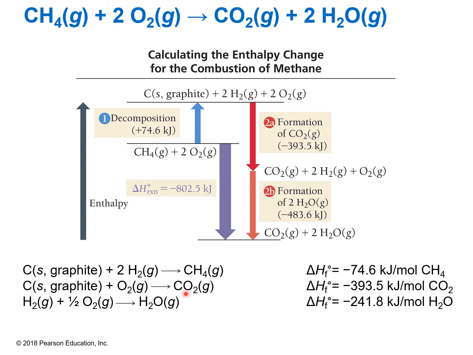And the delta H for creating carbon dioxide comes in at a -393.5, again pulled from the chart in the back of the book. And then to create water, we're going to have to take hydrogen gas and oxygen, half of an oxygen molecule, and find its delta H at standard temperature and pressure, and get its value.